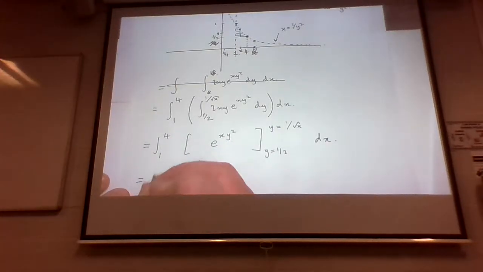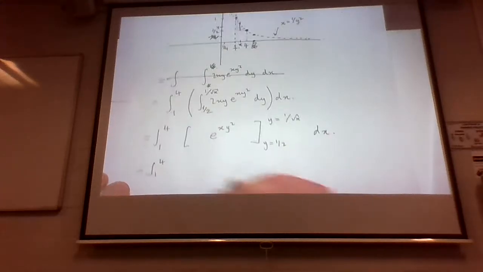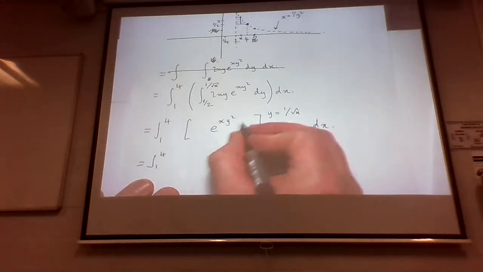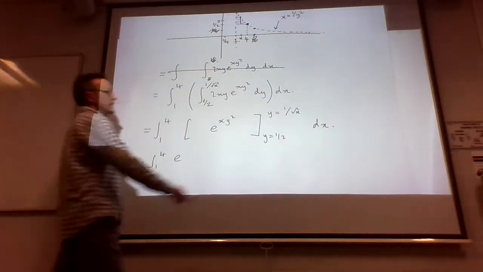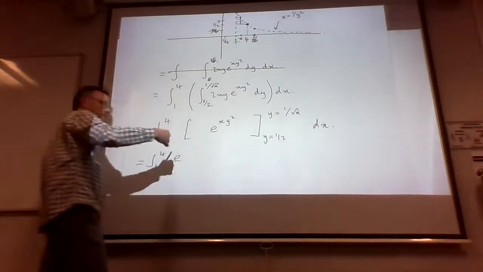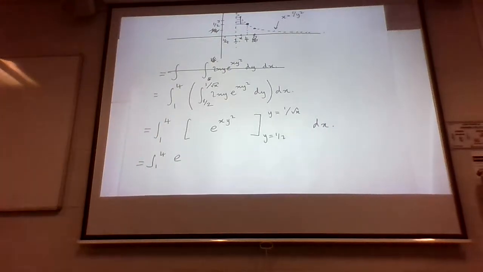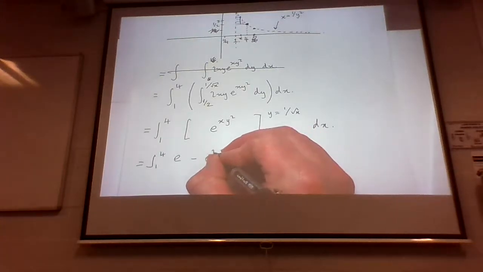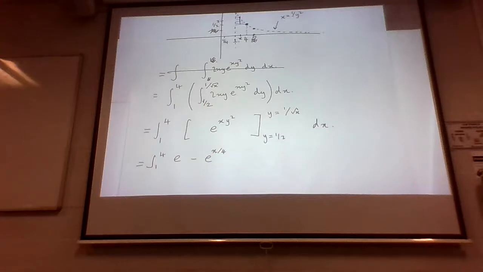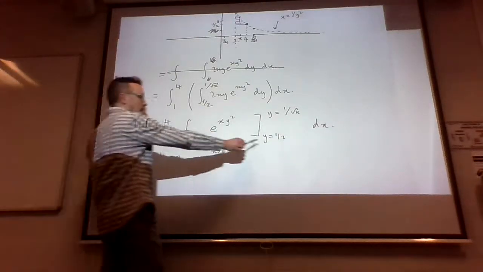So when you do the evaluation here, what do we get? We just get e to the 1. You put in y equals 1 over the square root of x, you get 1 over x. When you put it in for y squared, that cancels with the x, we just get e, and then we get minus e to the x over 4. Because to square a half, we get a quarter.